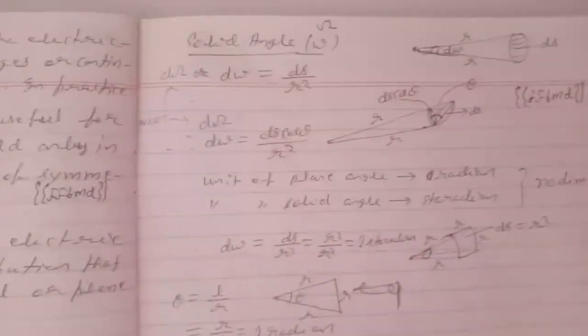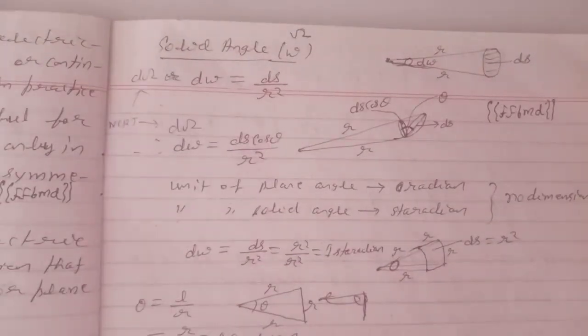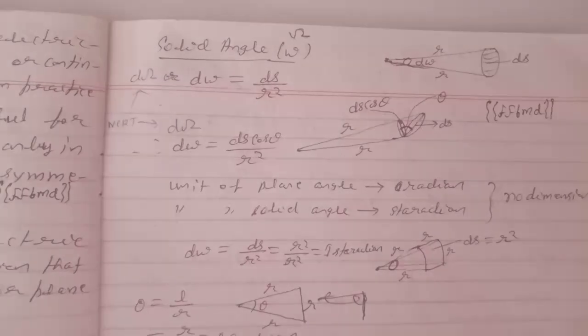Another concept, similar to the plane angle, is the solid angle. That is the angle made by a cone by a surface at any point, called solid angle.